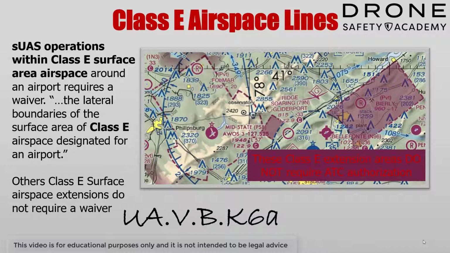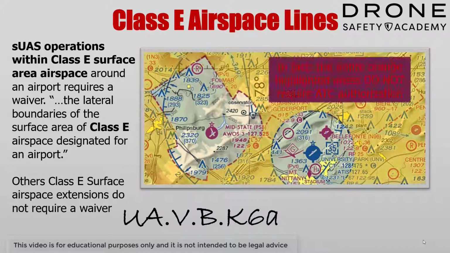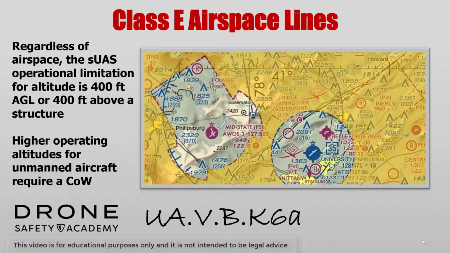Other Class E surface airspace extensions do not require a waiver. Regardless of the airspace, the SUAS operational limitation for altitude is 400 feet AGL, or 400 feet above a structure within a 400-foot radius. Higher operating altitudes for unmanned aircraft require a certificate of waiver.